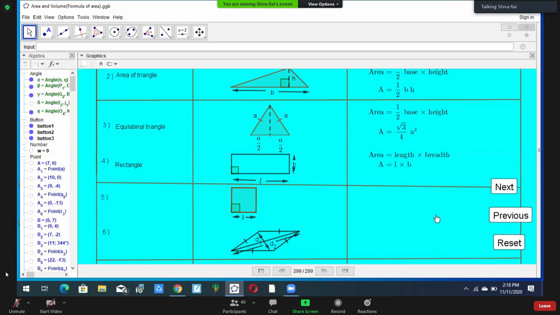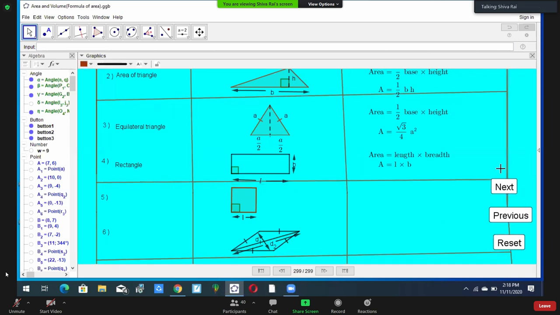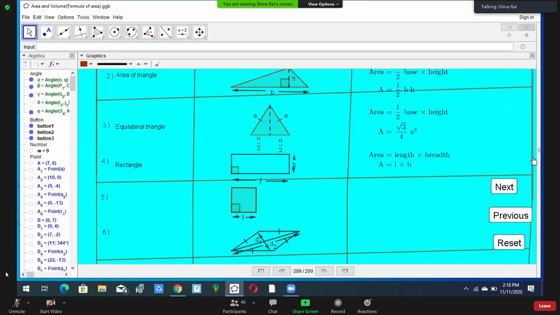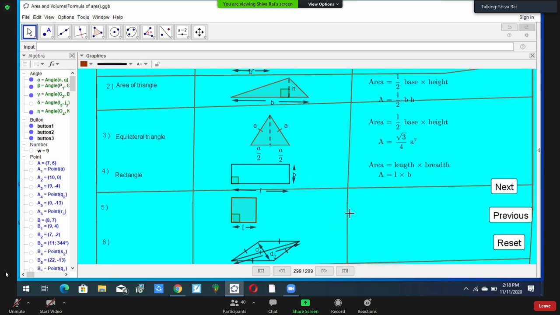L square. So let's see here, square. Area equal to length into breadth.